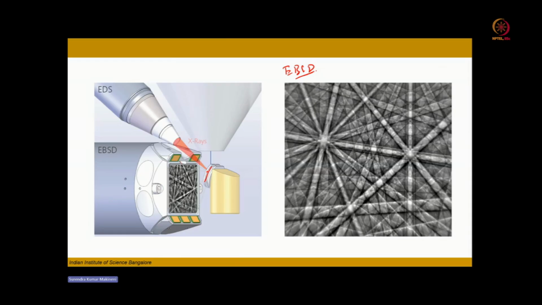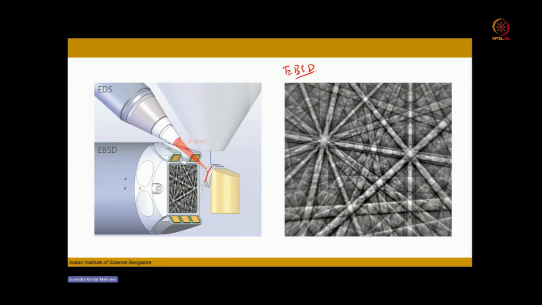Correct. And as I told you, these are called inelastic scattering. When inelastic scattering occurs, it is possible that the electron beam is in the Bragg's condition from specific crystallographic planes. If they are in the Bragg's condition, they can produce the Kikuchi lines, which we described in transmission electron microscopy.